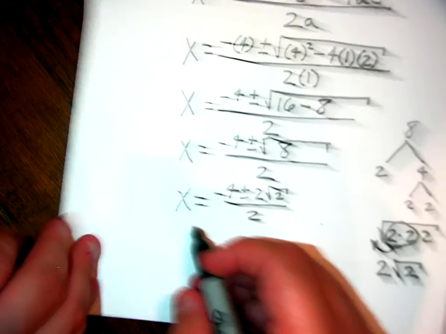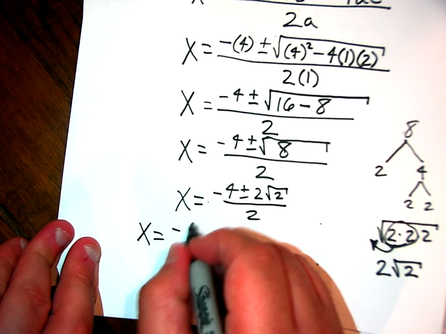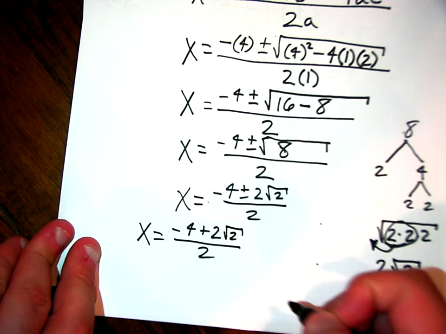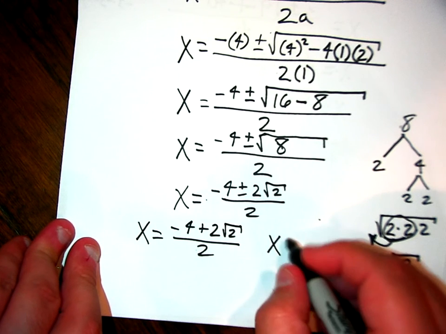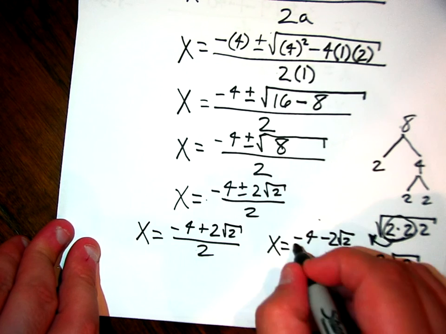So really what it's going to come out to be is x equals negative 4 plus 2 square root of 2 over 2, and x equals negative 4 minus 2 square root of 2 over 2.